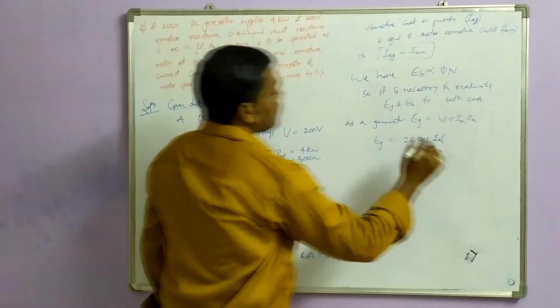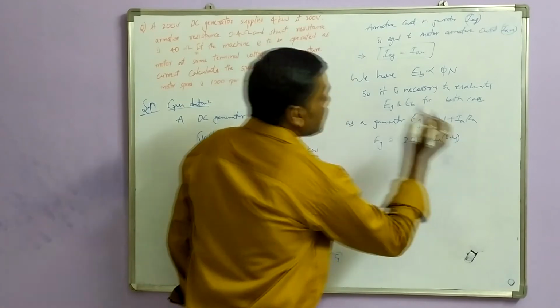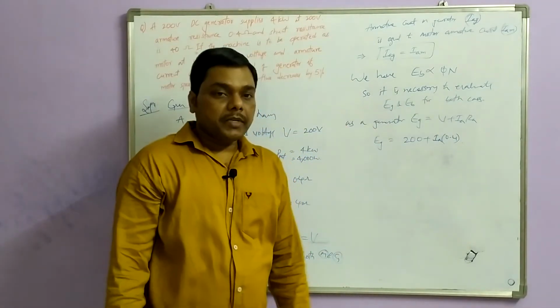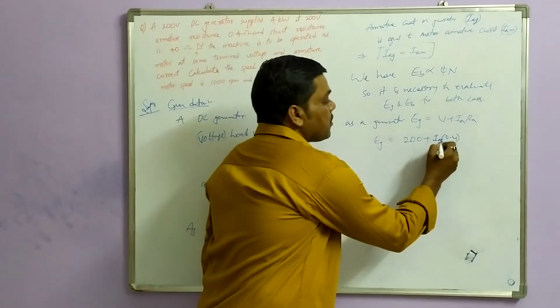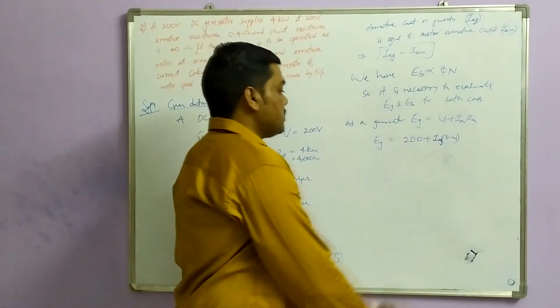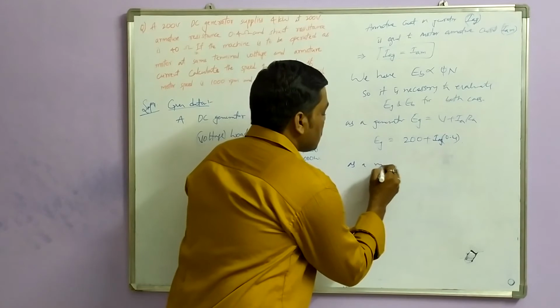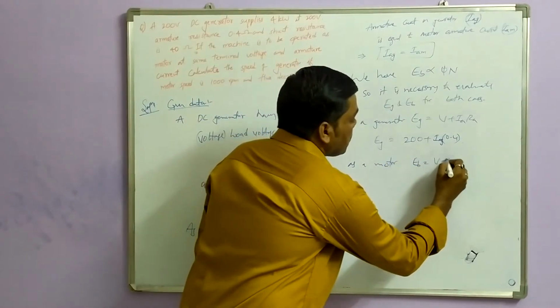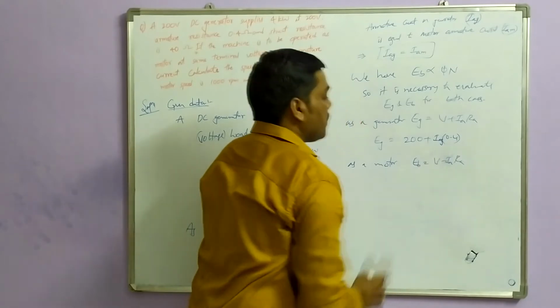So what is the value of RA? 0.4. Now we have to find out the armature current. So this is generator current, I am giving IAG. Similarly, as a motor, EB is equal to V minus IA RA.